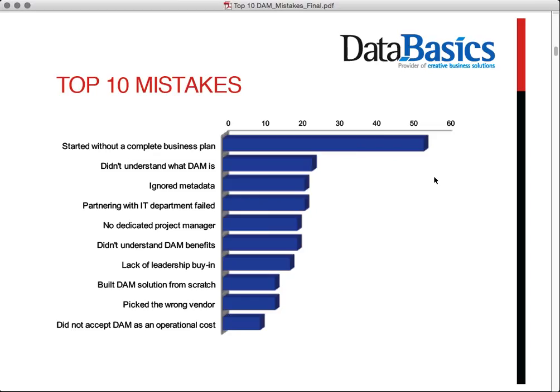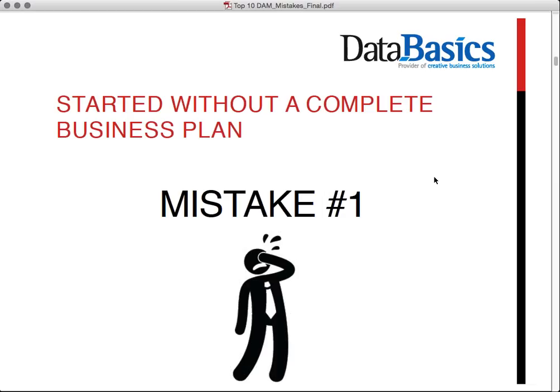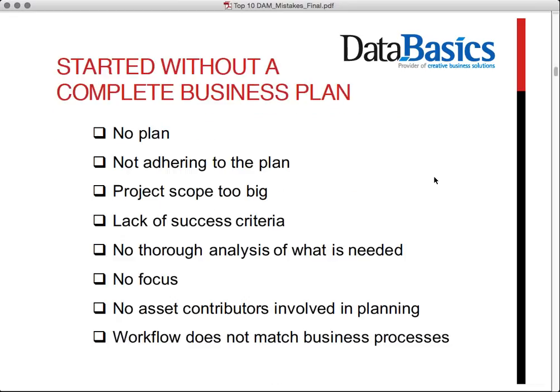As you'll see, I'll develop this point a little later, so I want to move straight along to the next point. Didn't understand what DAM is about. This scored in the mid-20s, and add that to the first point, and we come up to around 80 plus comments made on these first two points.